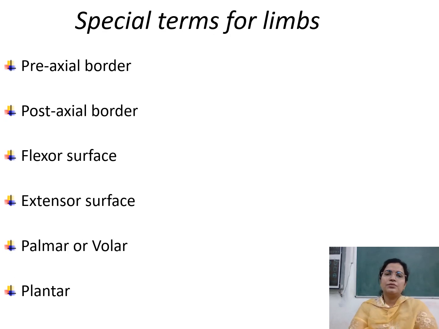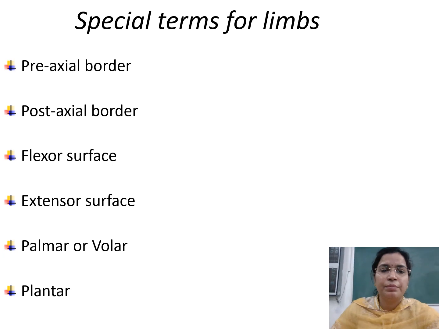Now, special terms for the limbs: whatever the surface is, the pre-axial border and the post-axial border, which is the flexor surface, which is the extensor surface, which is palmar and which is plantar.